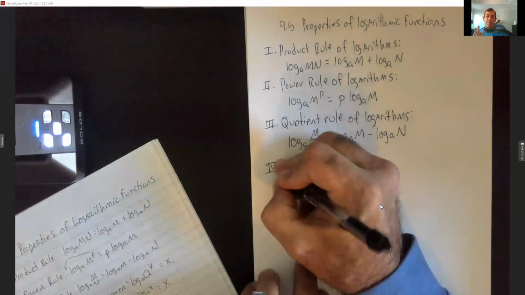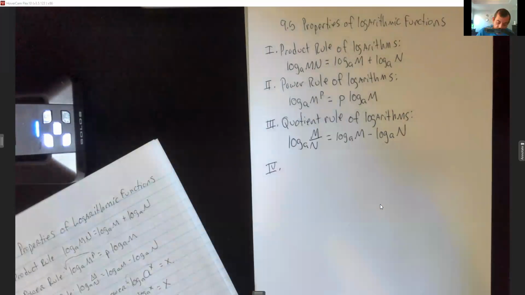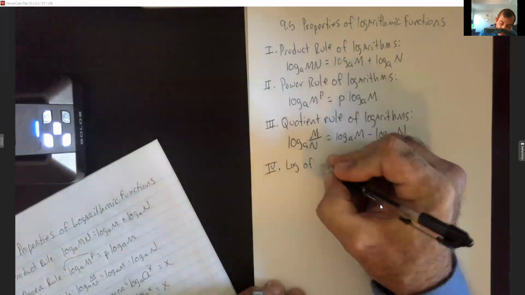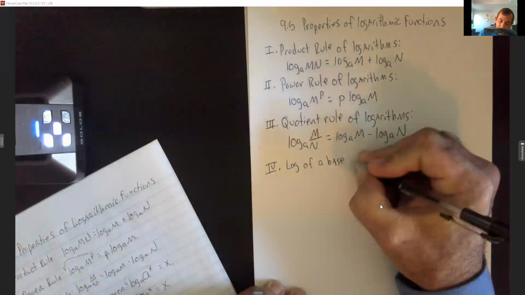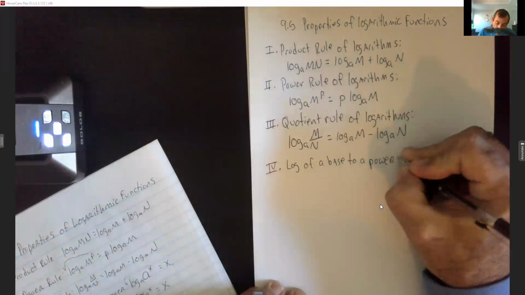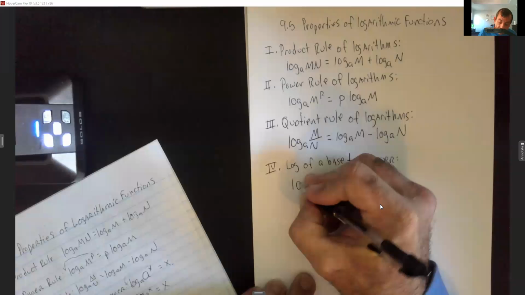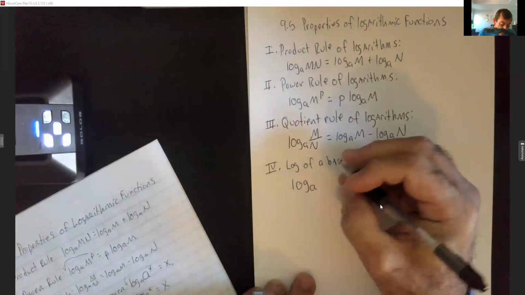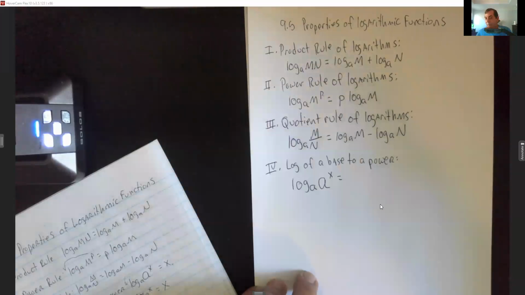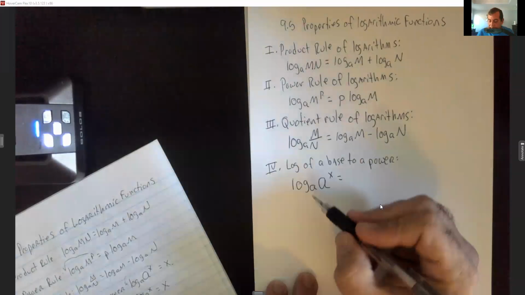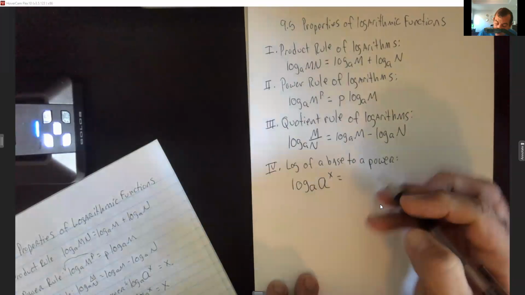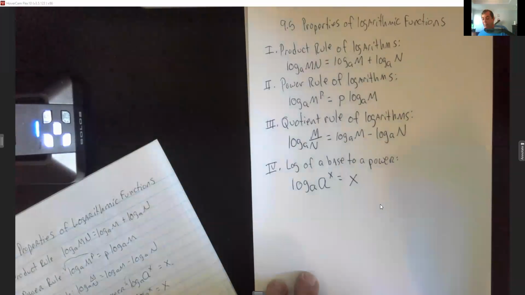All right, so the last property, and then we'll start working these, is what we call the log of a base to a power. So this would be log base A of A to the X. When this happens, when this log base matches the base of the result to an exponent, the answer will always be the exponent.